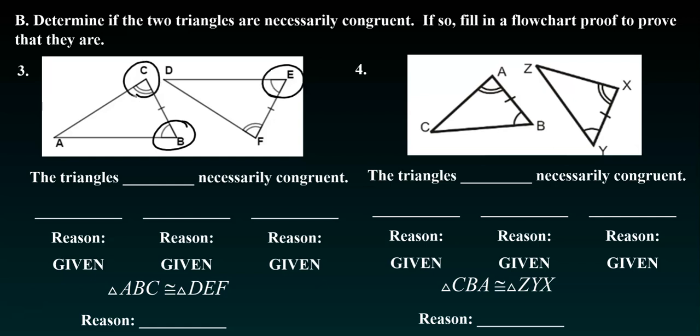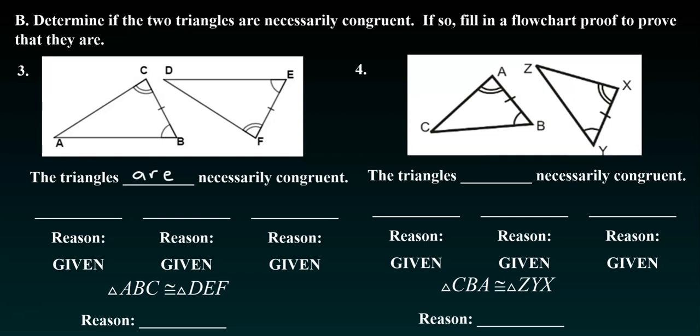We have angle C and angle F are congruent, and we have that this whole side here and this whole side there are congruent. So we can say that the triangles are necessarily congruent.